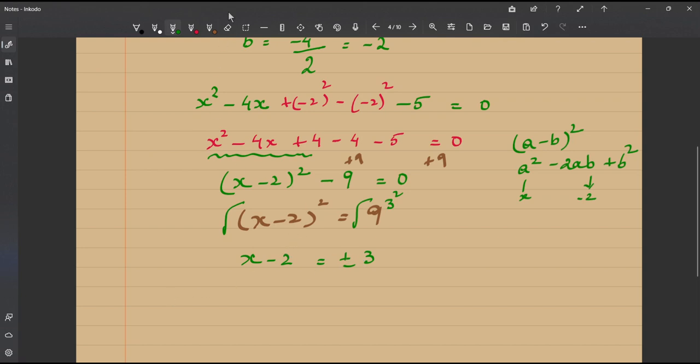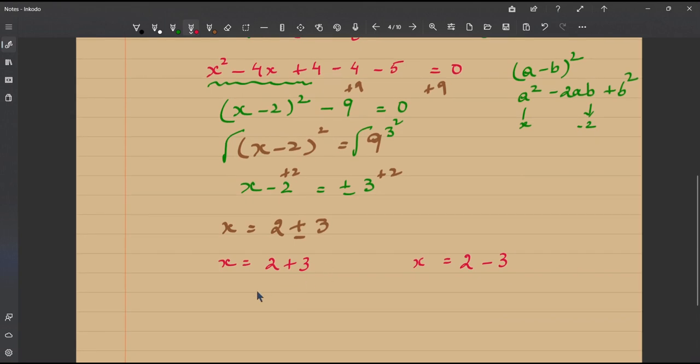So now adding 2 to both sides, you get x is equal to 2 plus or minus 3, which is x is equal to either 2 plus 3 or x is equal to 2 minus 3, which gives us both the roots of this quadratic equation. x is equal to 5 and x is equal to minus 1.